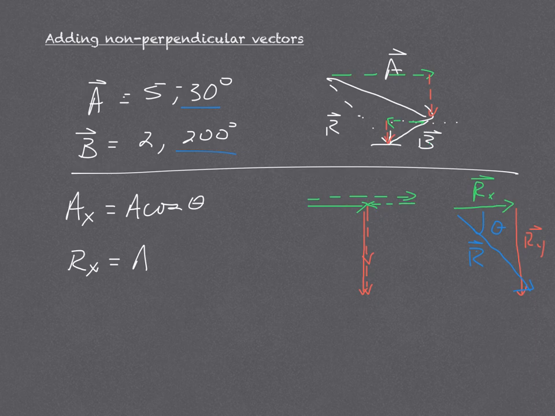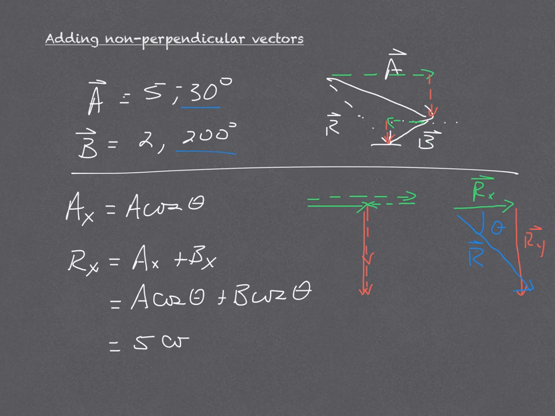We're going to add ax to bx, which is going to be a cosine theta plus b cosine theta, and then we can plug in our values, where it's going to be 5 times the cosine of -30 plus 2 times the cosine of 200.